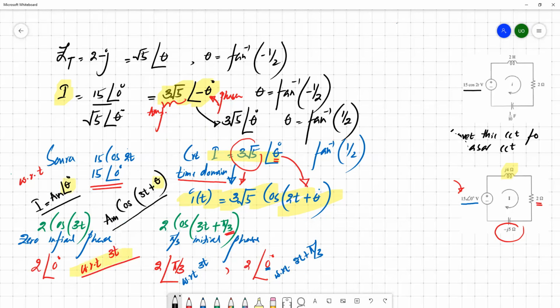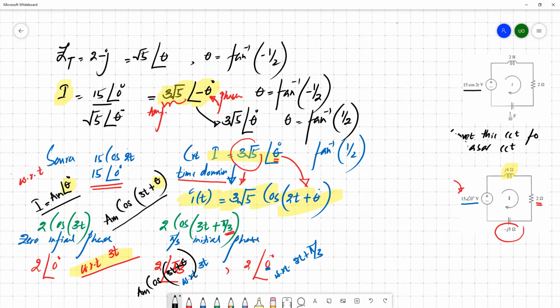If you treat the same here, and want to convert this current into the time domain, this becomes AM cos. Whatever angle is evaluated here already considers this 5 by 3. So this again becomes 3t plus theta, because the 5 by 3 is already counted in the calculation.